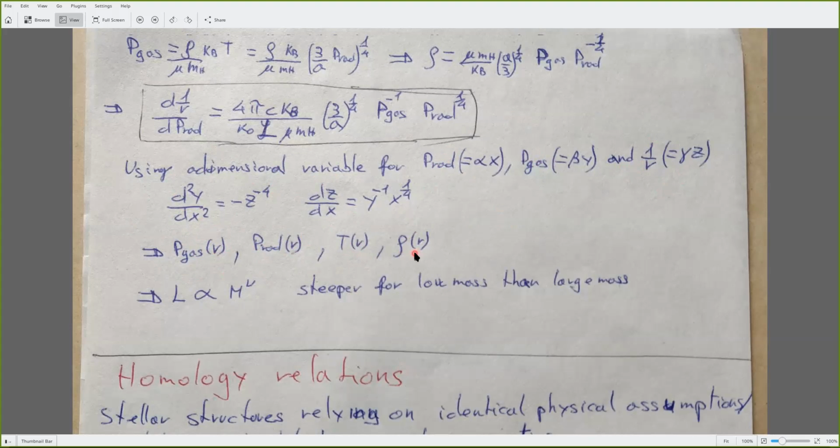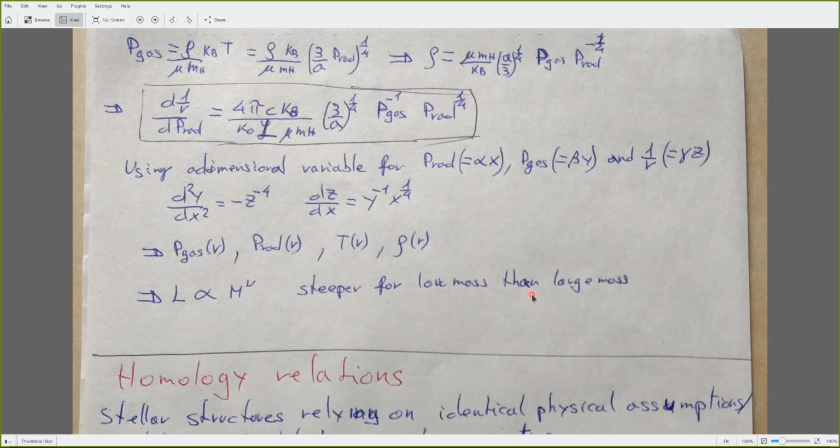You can invert the relation, and you get that relation among luminosity and the mass. And we see that this exponent is not exactly constant for all the mass, but is steeper for low mass than the large mass. That means that the luminosity increases more at the lower mass than on the higher mass.